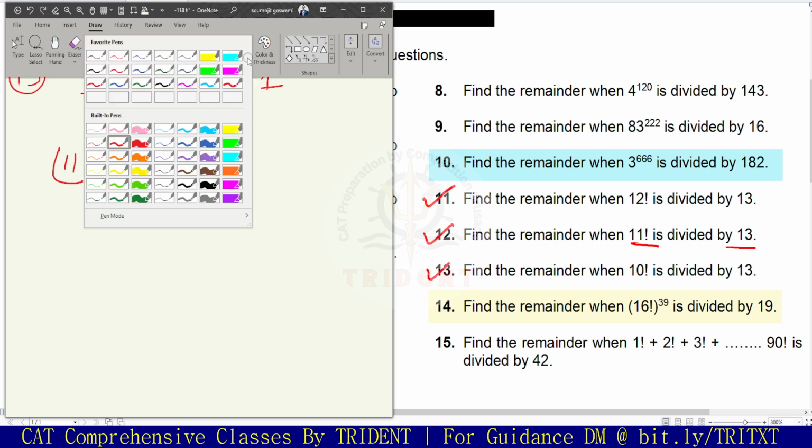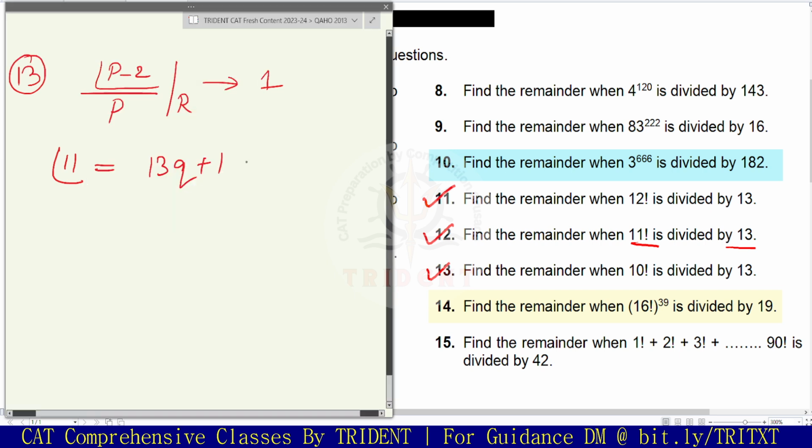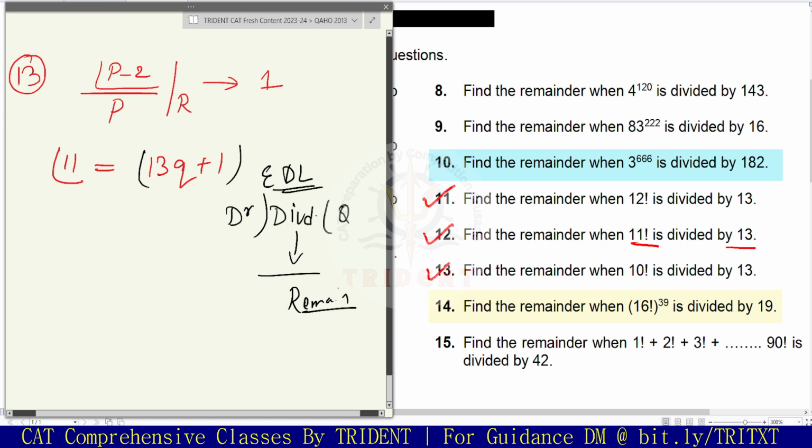Just hold on, let me get another color. Have you ever heard of this fact? Dividend is equal to divisor into quotient plus remainder. This is Euclid's division lemma, EDL.